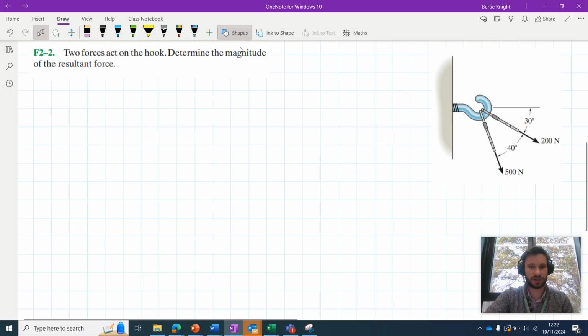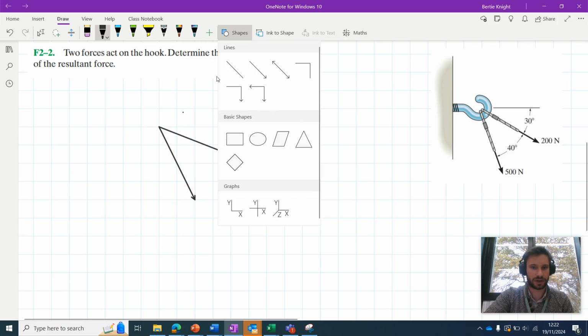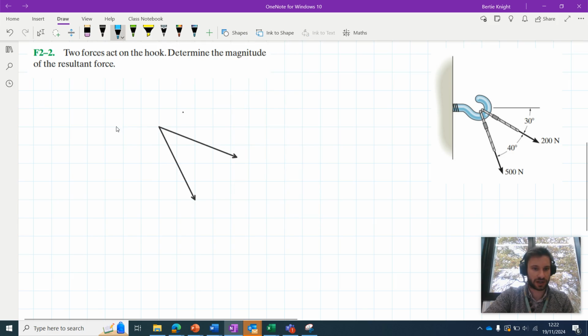As we might typically do for problems like this, we can start by drawing a free body diagram. So we've got this 200 Newton force acting here. We've got this 500 Newton force acting here. Let's add in some geometry to this as well. So we can add in our x-axis here.